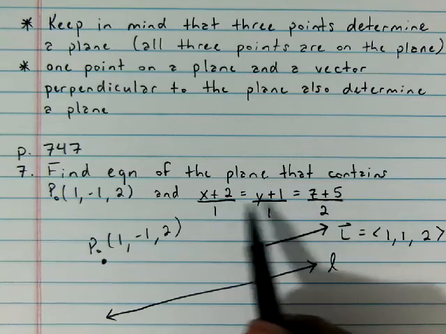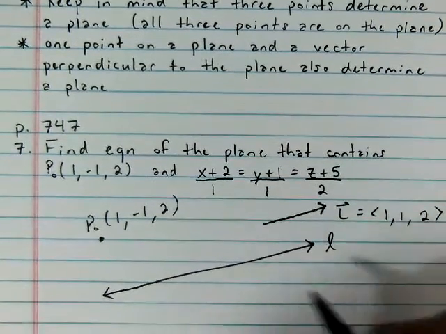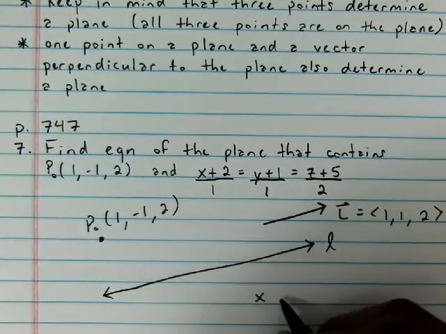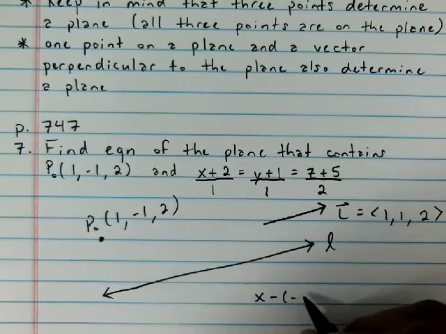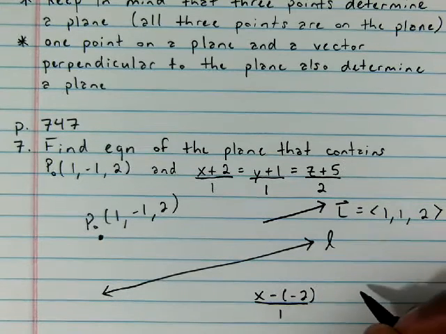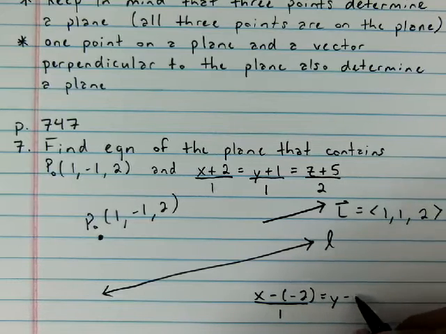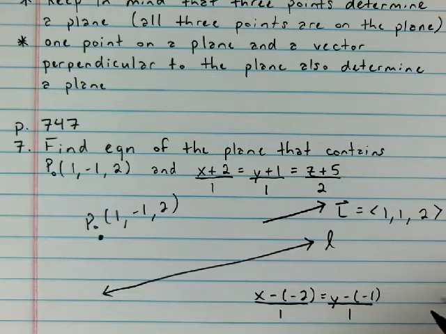So we know that with these symmetric equations, that's the same as (x minus negative 2) over 1 equals (y minus negative 1) over 1 equals (z minus negative 5) over 2.